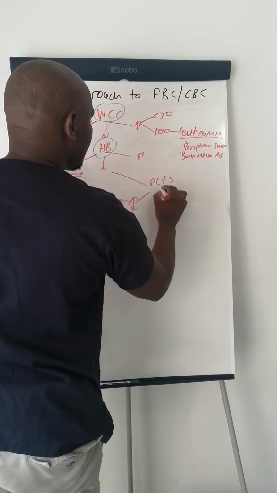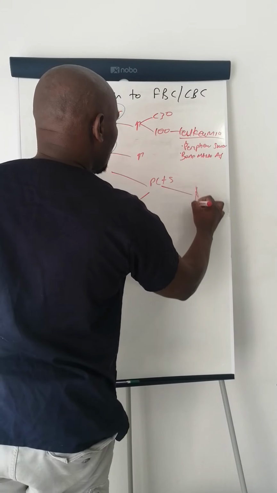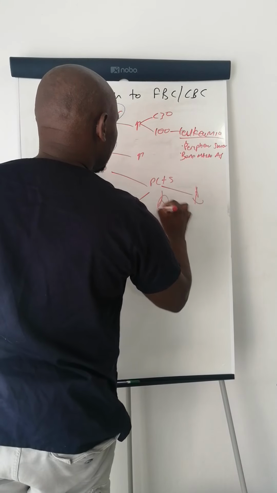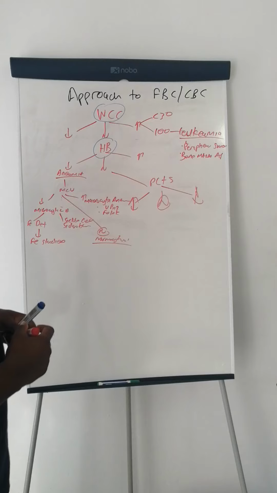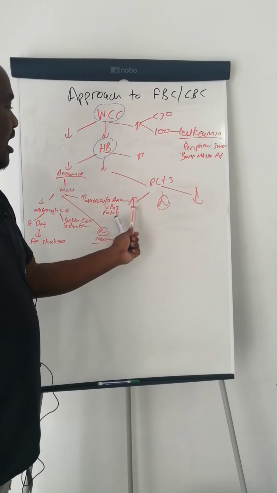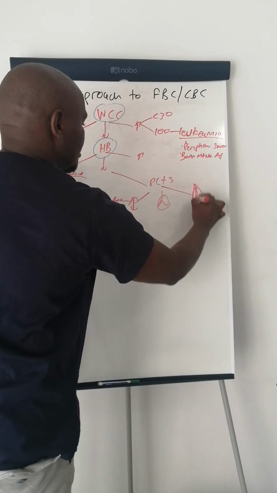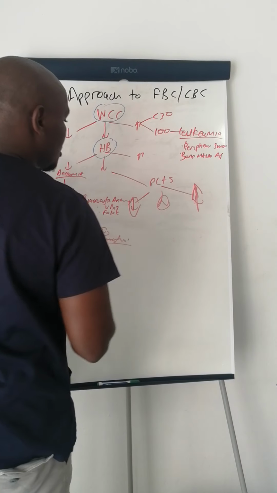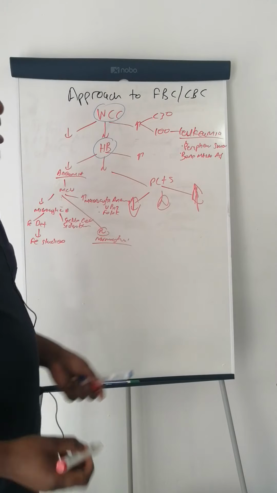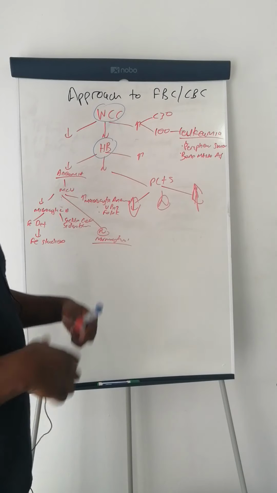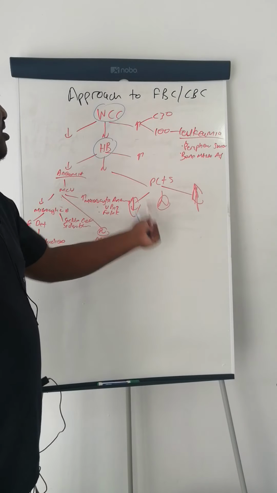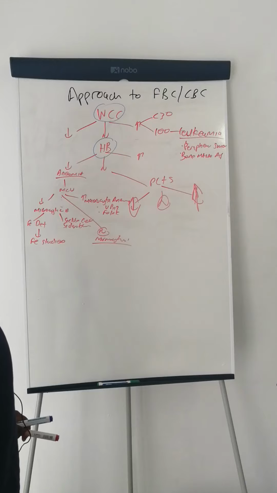Are my platelets high? Are my platelets normal? What's happening there? High platelets, thrombocytosis. Low platelets, thrombopenia. Then this is normal platelets.